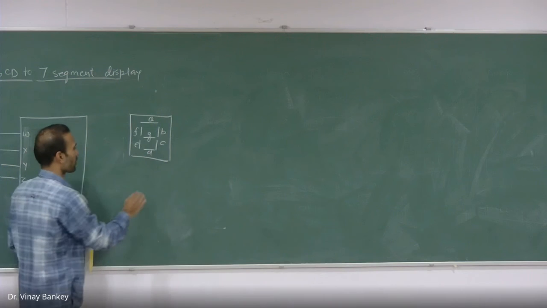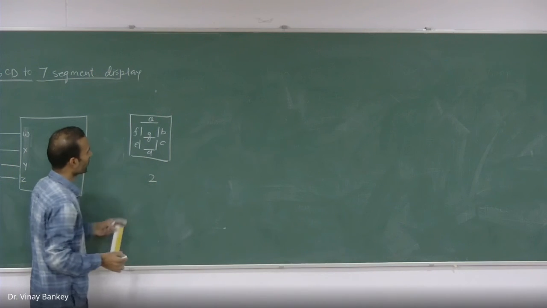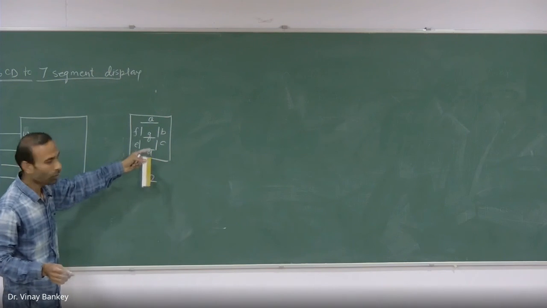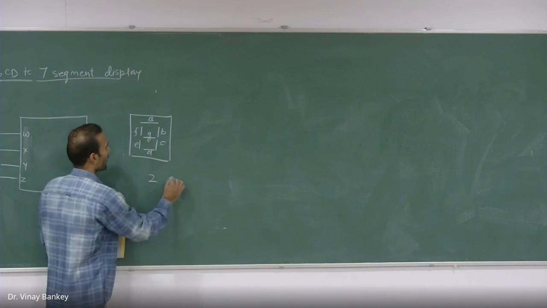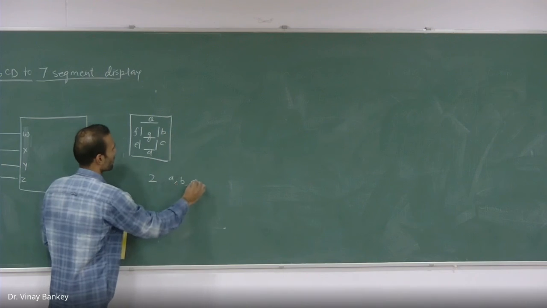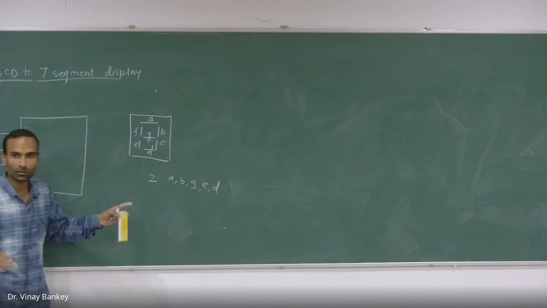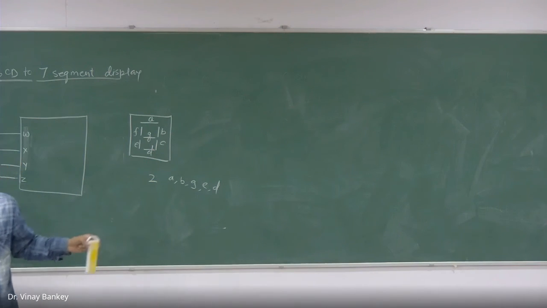Let's suppose I want to represent 2. So which segments should light up? This segment should glow. So for 2, A, B, G, E, and D should be lighting up.